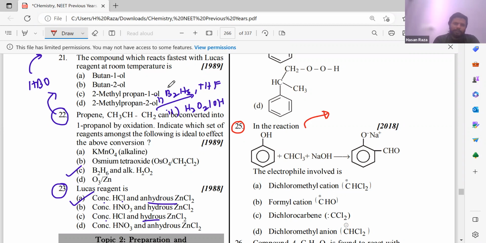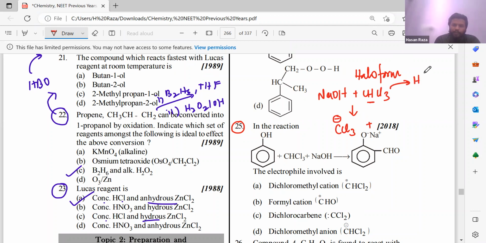If you know the mechanism only, then you can do it. I'm going to explain it. See, this is your haloform reaction. So this NaOH reacts with this CHCl3 and you will be getting CCl3 negative and this H will be removed. So H will be going in the form of H plus and OH will become O negative and there will be formation of H2O.